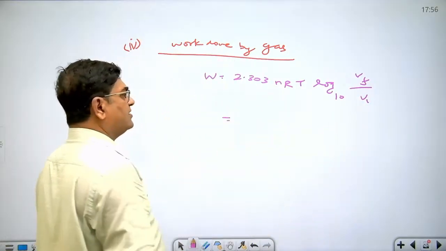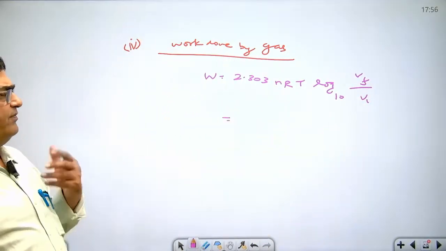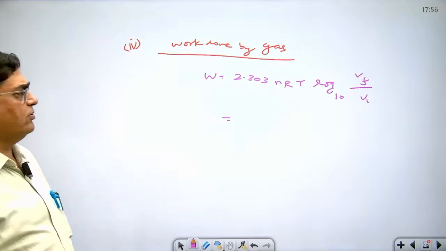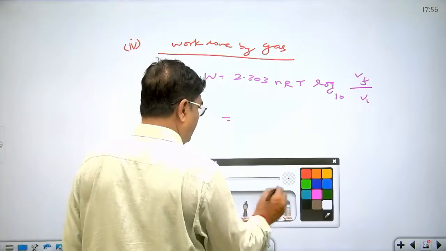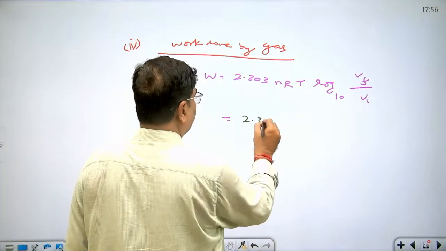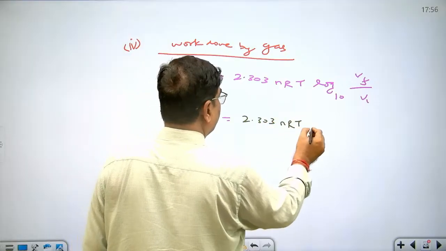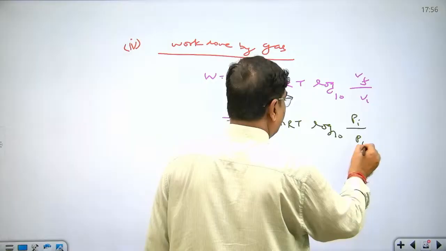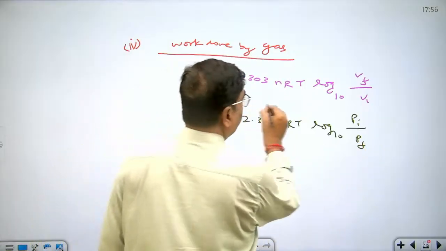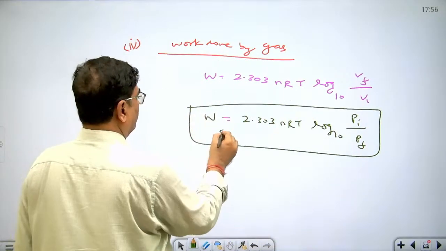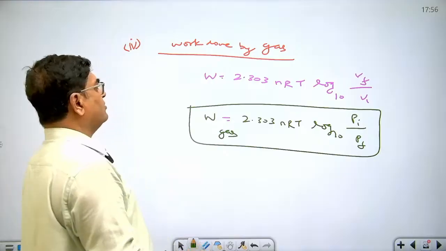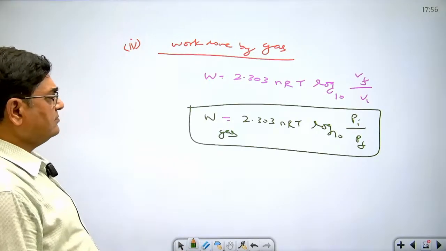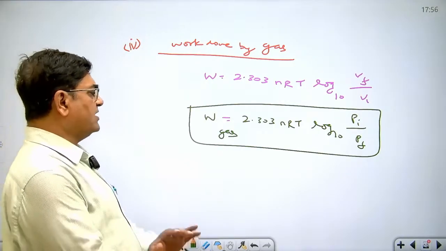And since the process is isothermal, PV equal to constant, P initial V initial equal to P final V final. So we can write 2.303 nRT log10 P initial upon P final. This is the work done by gas in an isothermal process, okay? So dear student, this was the work done, okay.